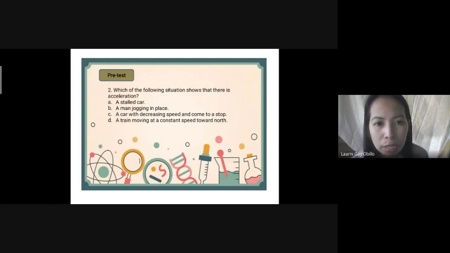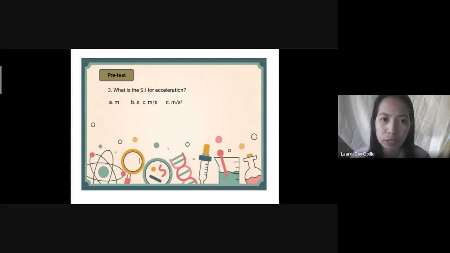Or D. A train moving at a constant speed toward the north. Write your answer.